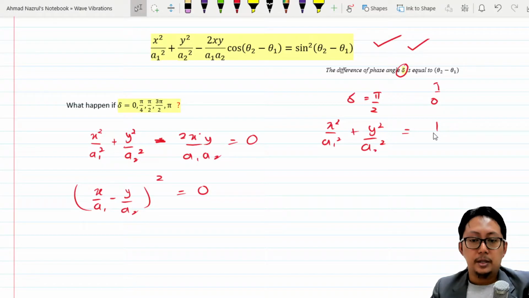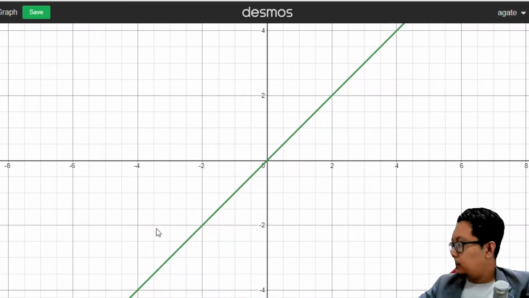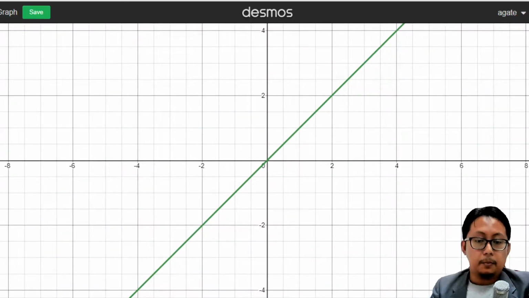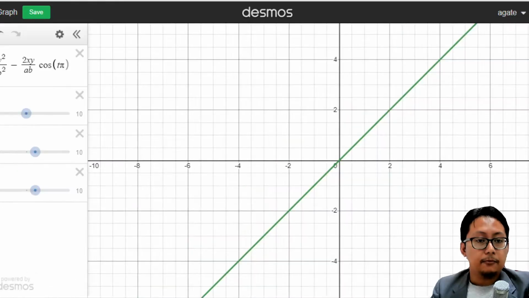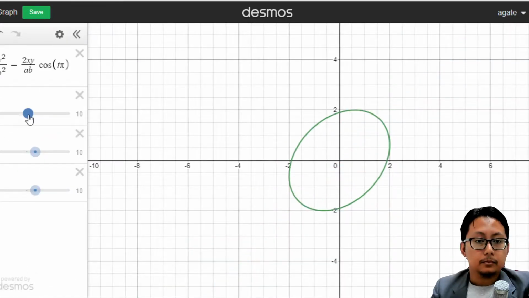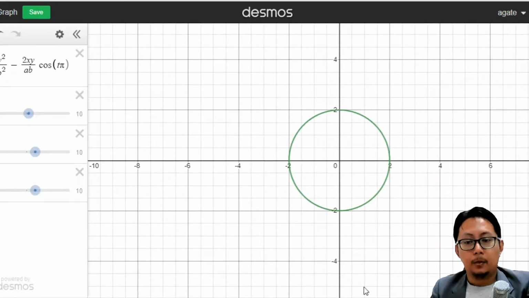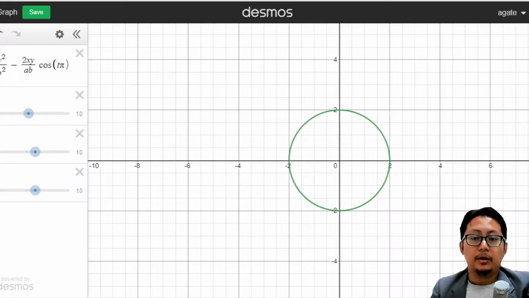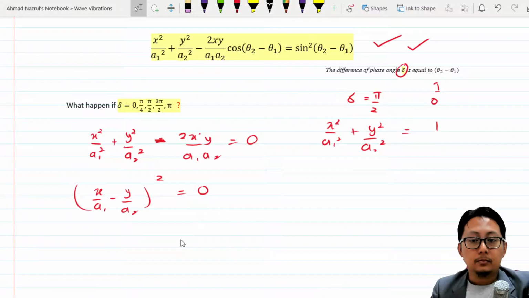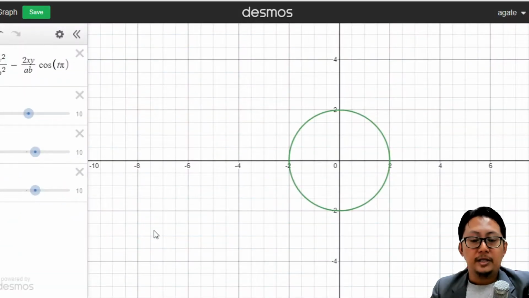So this will be the graph for pi over 2 phase angle.